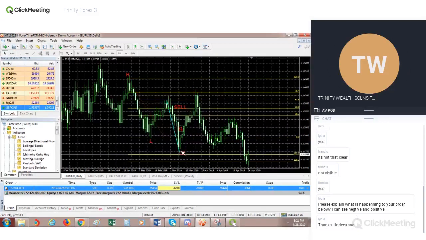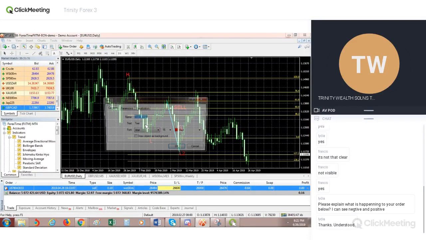Okay, so if it reverses, then it hits your stop loss, it is fine. At least you're out at some profit. This was our H2. So the market reverses.